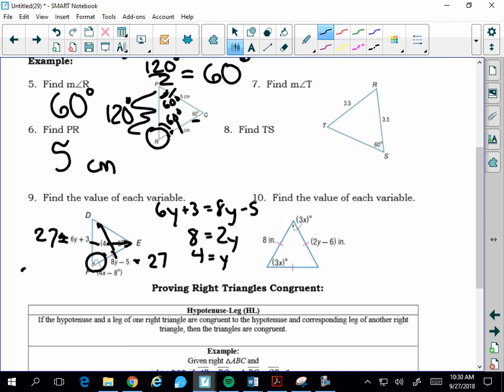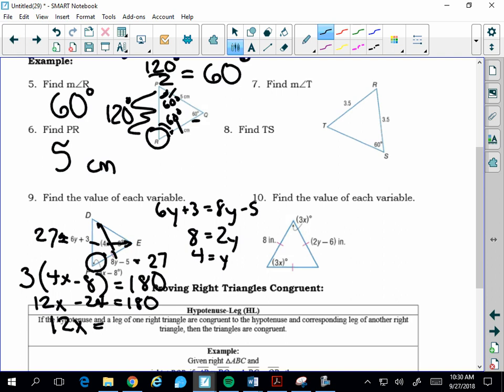So in order to solve for x, I'm going to say 3 times 4x minus 8, or you could add them all together one at a time, equals 180, because that's how many degrees are in a triangle. Now I'm going to solve. 12x minus 24 equals 180. This is probably driving some of you crazy that I'm writing on top of this.